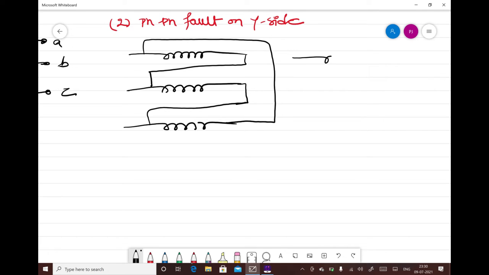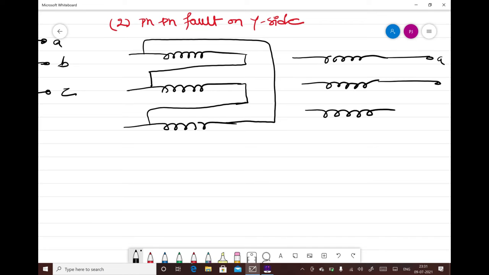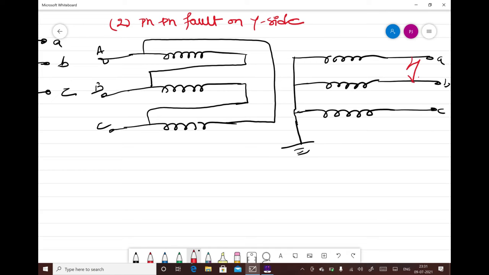This is your star side and this is your delta side. Now suppose there is a fault between phase A and phase B. So this is a fault between phase A and phase B.